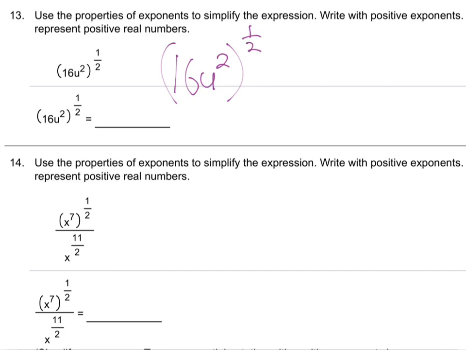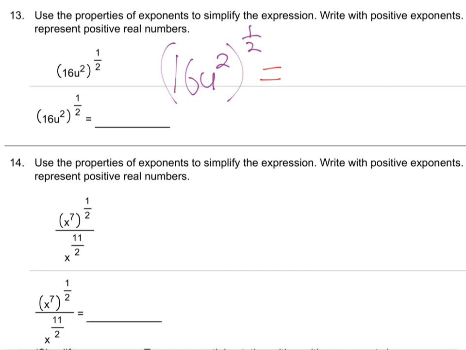All right, so they want me to do some of the rules we've been learning in this section. So what is that half power going to do? What have we learned fractional powers do? The top of the fraction stays where it's at, the bottom swings into the hook, doesn't it? So let's do that for starters.